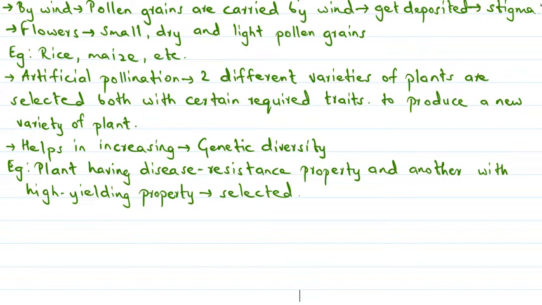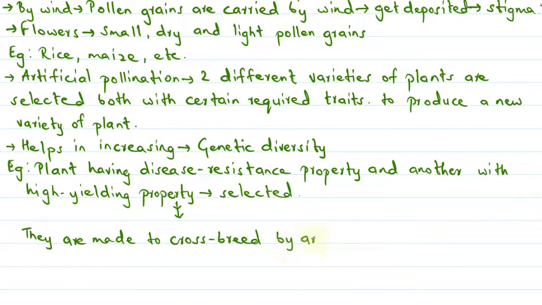So plants having these required traits can be selected, and after selecting they are made to crossbreed. Okay, so here we can crossbreed by means of artificial pollination.